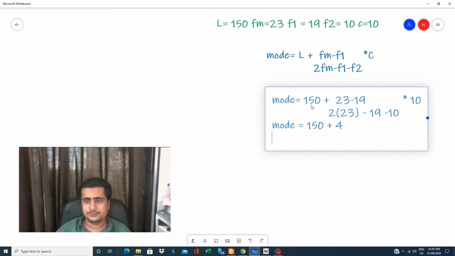It is 4. Now 2 into 23 is 46, minus 19 minus 10, into 10.